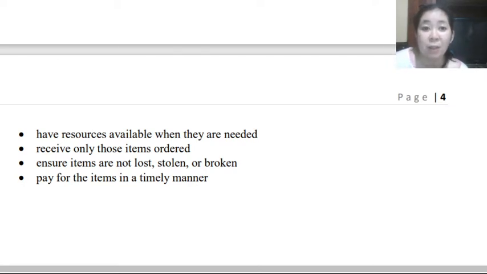Another objective is to receive only those items which were ordered. That's why in the illustration that we had earlier in the subsystem, there is inspection and checking before the orders will be received and accepted.